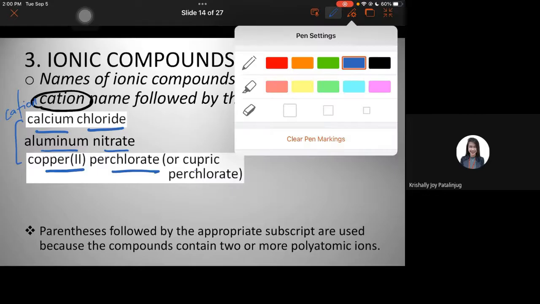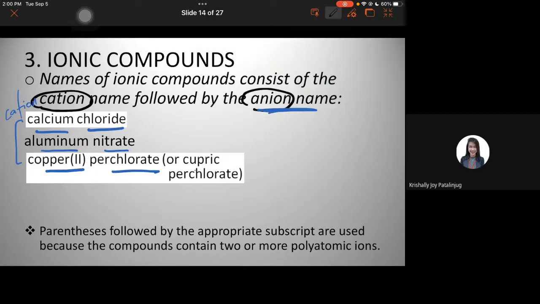So let's try to write the formula. Again, you have to memorize the ion forms of these ions. So you have calcium ion Ca2 plus and chloride ion Cl negative. And to write the final chemical formula, you make use of the crisscross method.